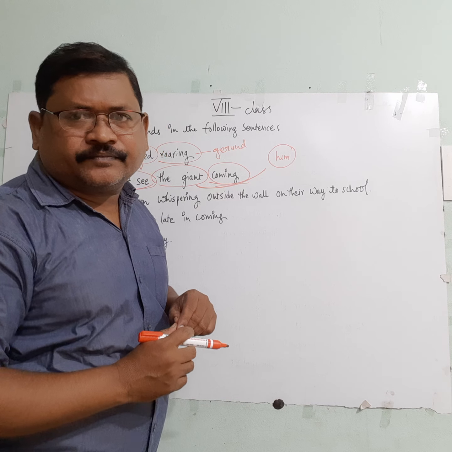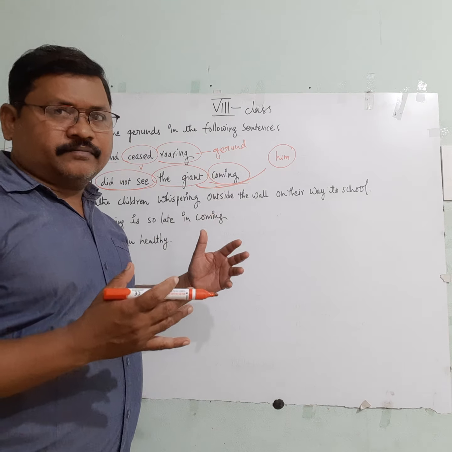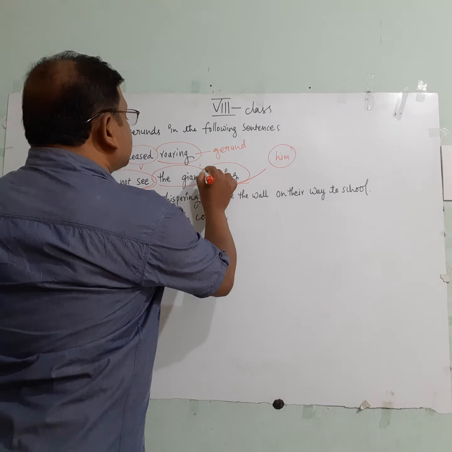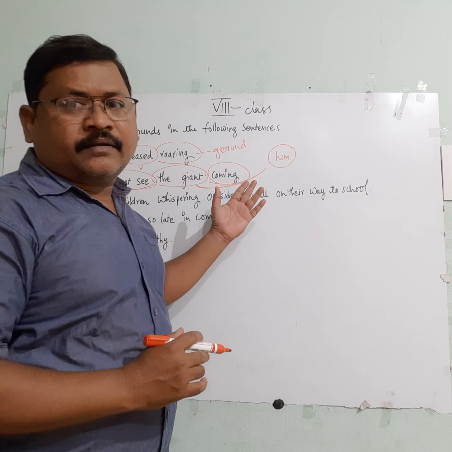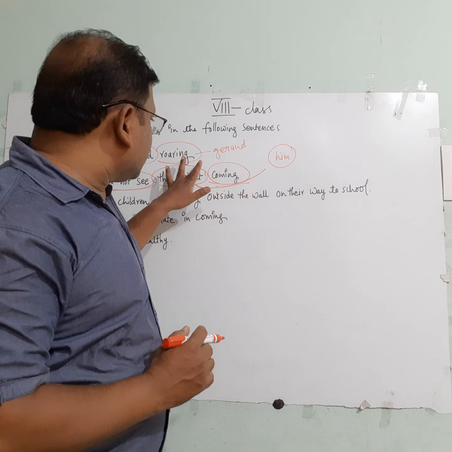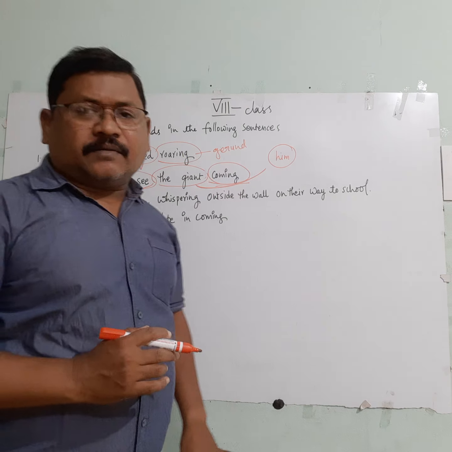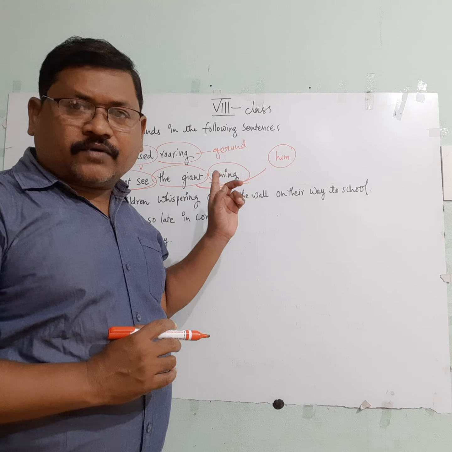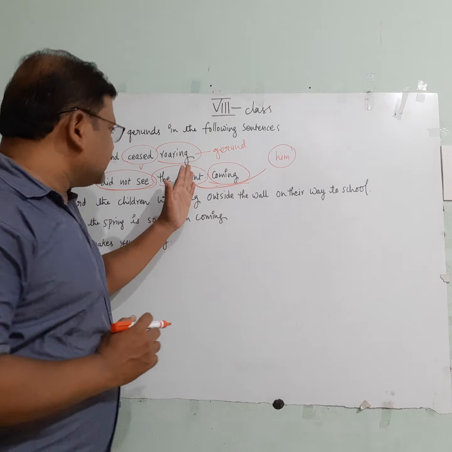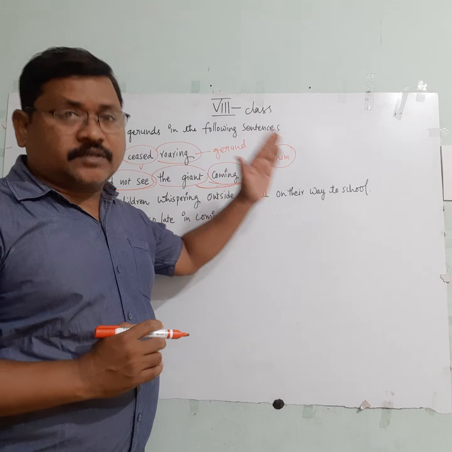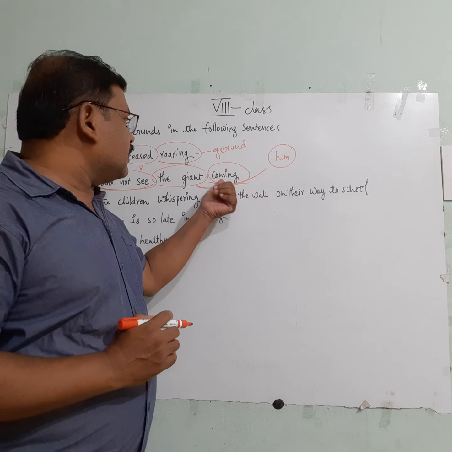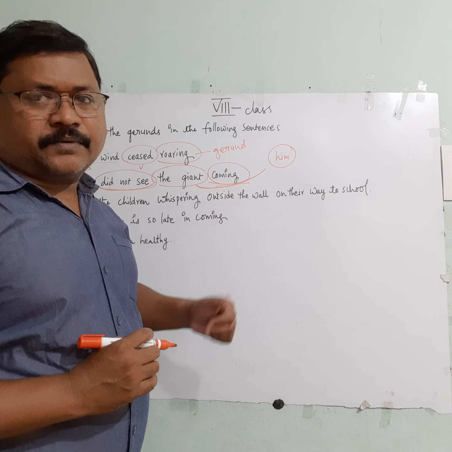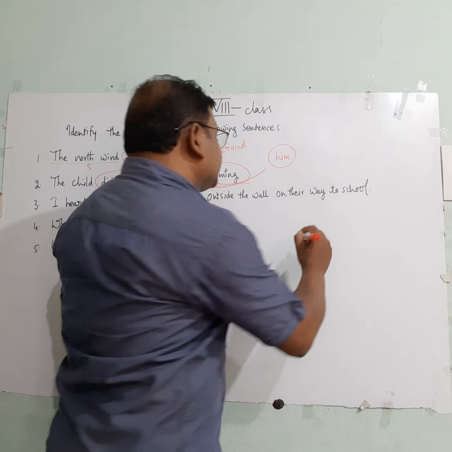Are you following me? Not his coming, the giant coming. If it is apostrophe s, immediately it would be gerund, but there is no apostrophe. It is not in possessive case. If it were in possessive case, the V1 ing coming would be gerund, but it is in objective case. So here coming is present participle.